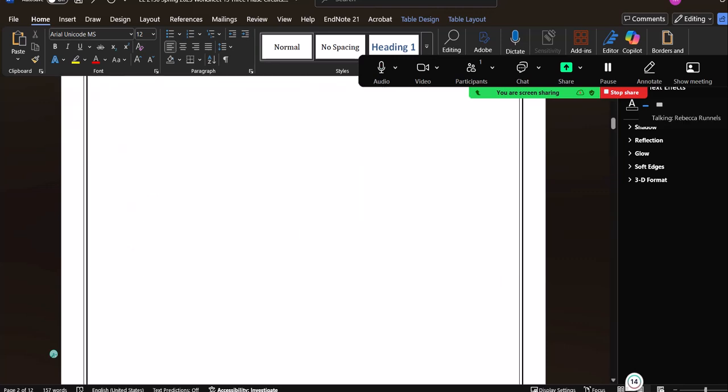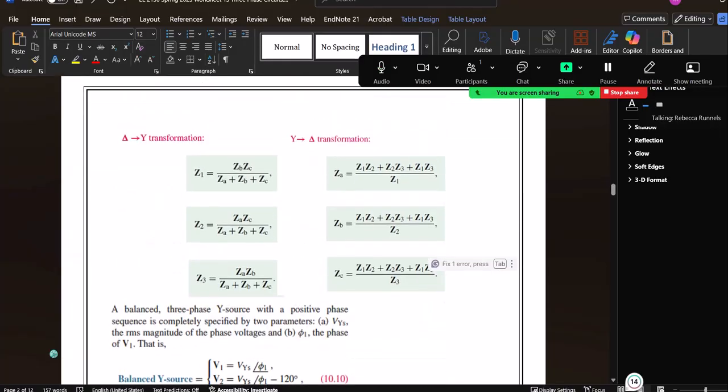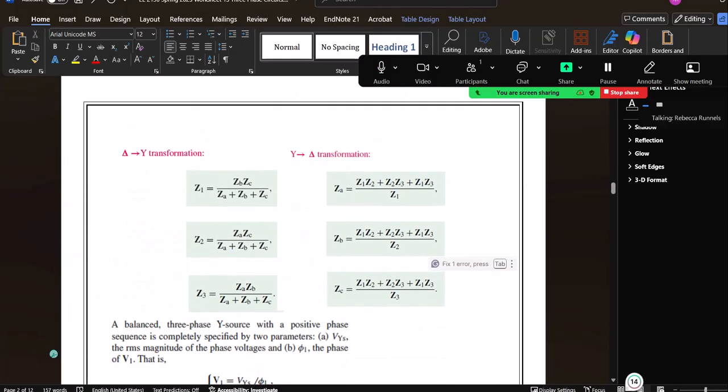Okay, so how do you convert from Y to delta and delta to Y? So hopefully yours will be balanced, and so you just have to do one of them.